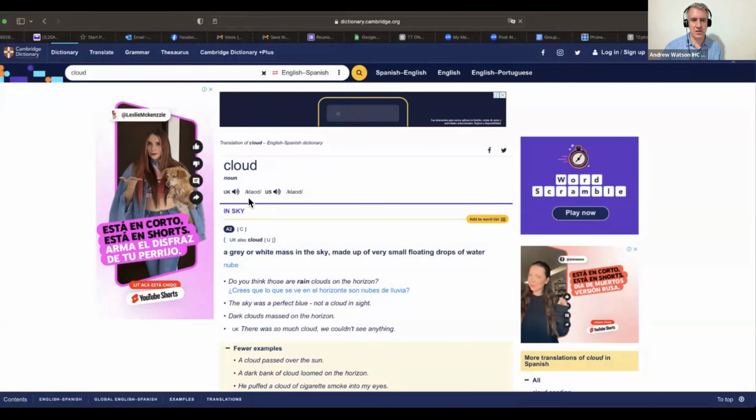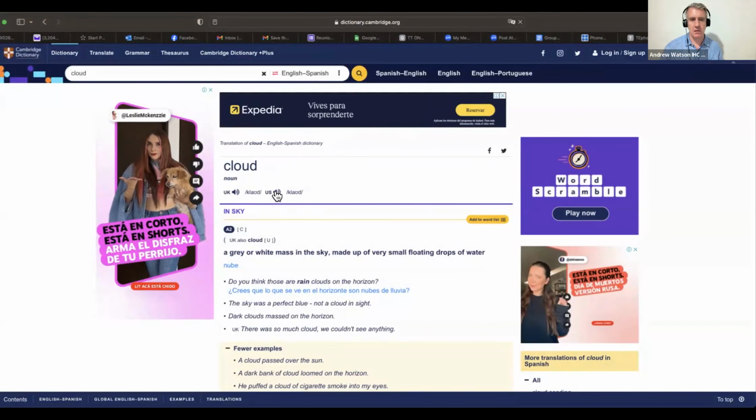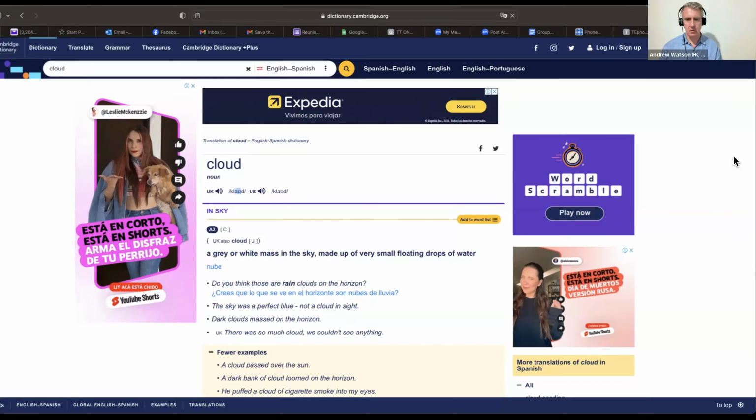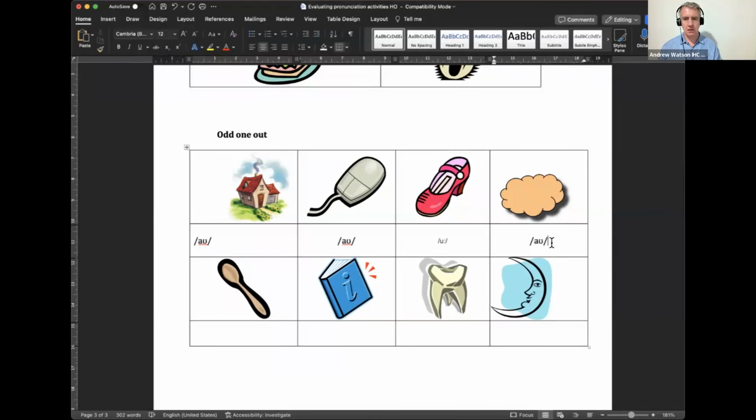And in both US and UK, you can see it's this AU sound. Cloud. And that's the phonemic symbol. Whereas shoe is that sound.